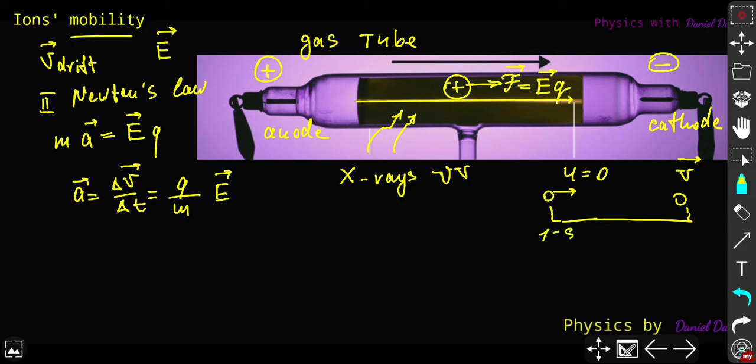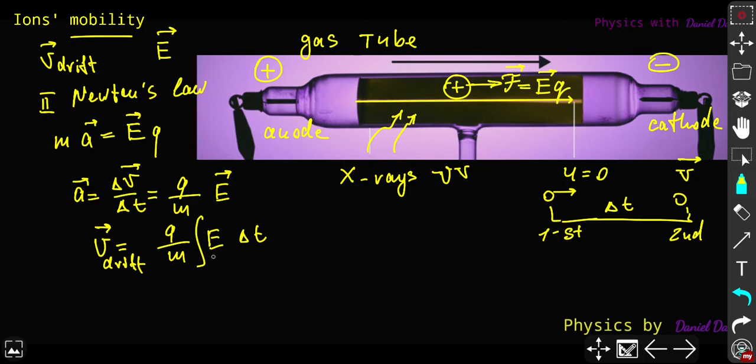So that's the first collision and this is the second one. So in between, for time delta t, the change in speed is going to be up to the drift velocity, and hence we need to integrate Q over m, E and delta t. All right, so we are going to integrate that.